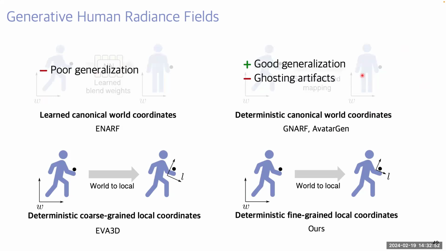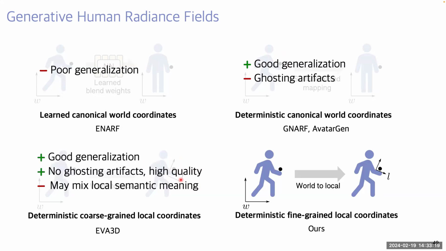This leads to better generalization, but it also leads to some ghosting artifacts when a point in free space is mapped to some occupied region in the canonical space. And for EVA3D, what we tried is very similar to EVA3D, in that we do not require a single canonical space, but we map to several local coordinates. And it leads to very good generalization, also removes the ghosting artifacts, and gives very high quality.